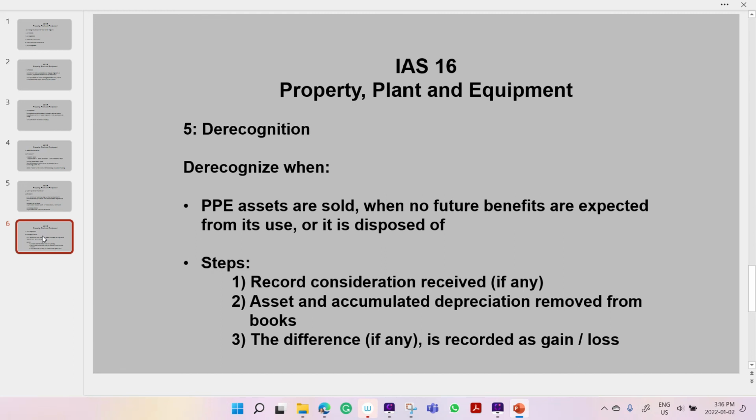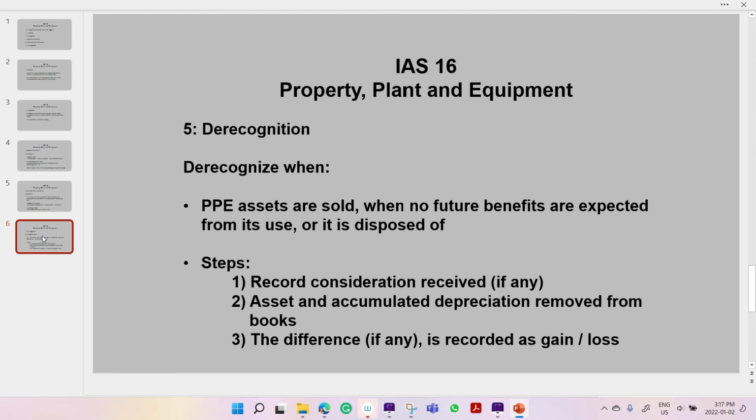Once you recognize there's the disposal or sale of an asset, if you know the three steps there, then you know your journal entry and your tracking is going to be appropriate. So first step is you got to record a consideration received if there's any. So that's the cash usually.